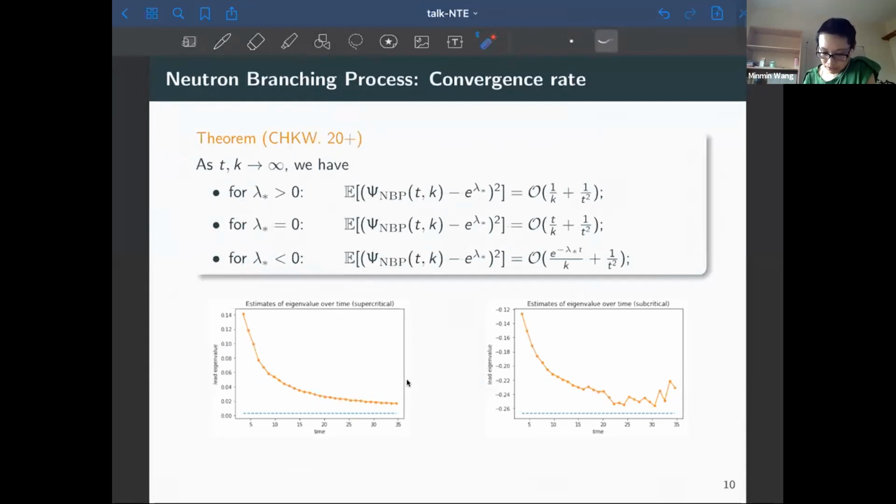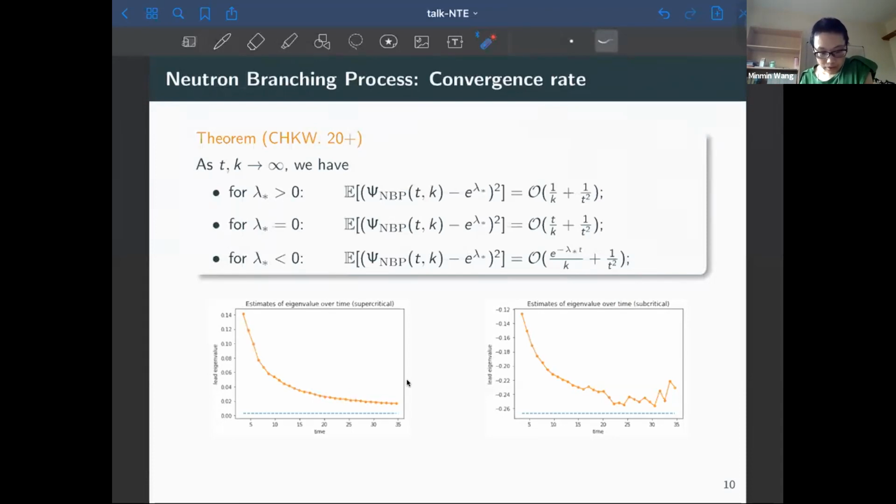Okay, and this is sort of backed up by the simulation as well. So in this example, which is subcritical, you see the orange lines that correspond to the evolution of the estimator over time. So there's a lot of wobble towards the end.